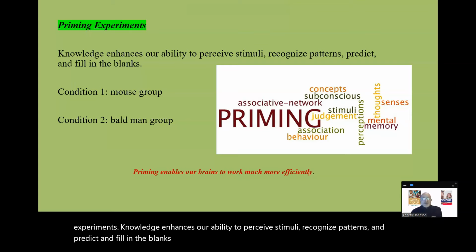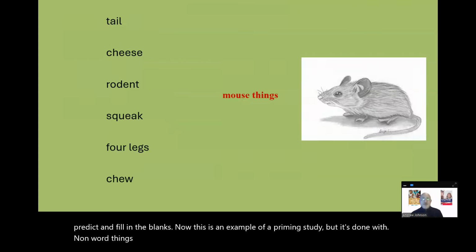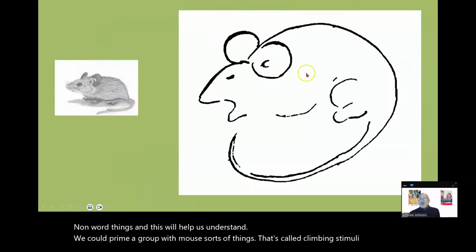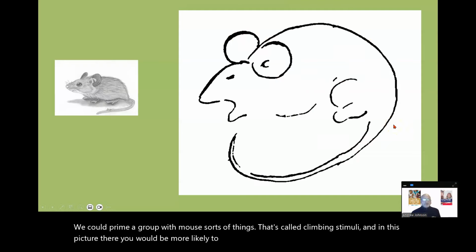Now, this is an example of a priming study, but it's done with non-word things, and this will help us understand. We could prime a group with mouse sorts of things. That's called priming stimuli. And in this picture, you would be more likely to see a mouse.